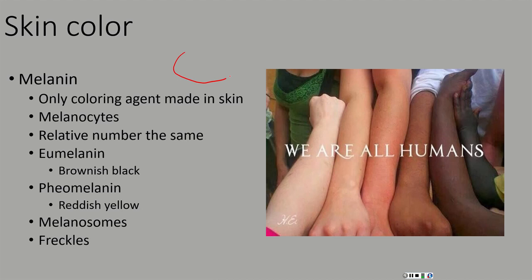If this is a keratinocyte and the sun is shining down from this direction, the nucleus is here of the keratinocyte, well, we start to have those fragments of melanin in between the nucleus and the incoming sun, where the ultraviolet radiation is. We are protecting the DNA that's inside.